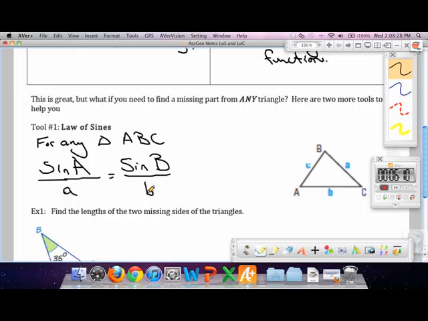And in addition, the sine of the third angle divided by its opposite side. These proportions are always true within any triangle whatsoever, whether it's a right triangle or not. These proportions always hold. Okay.